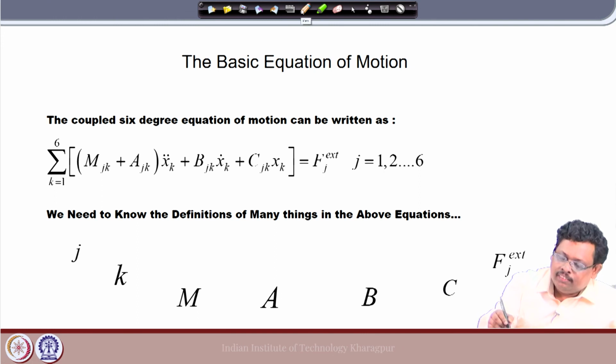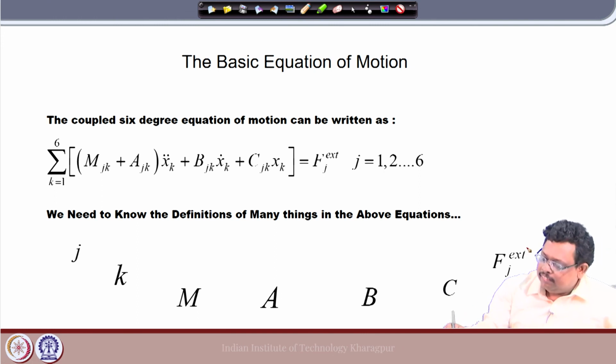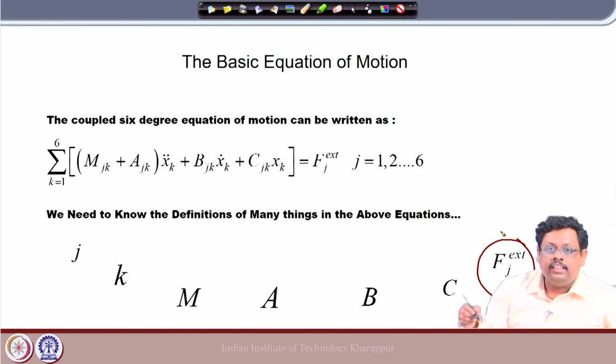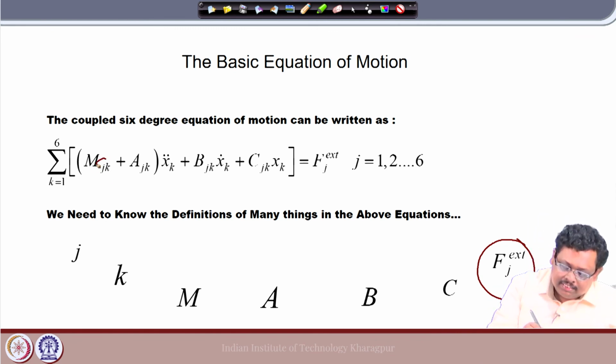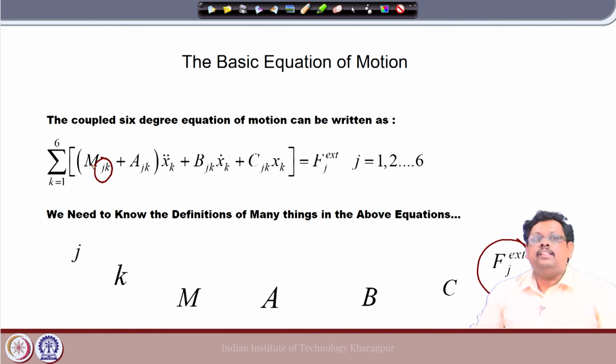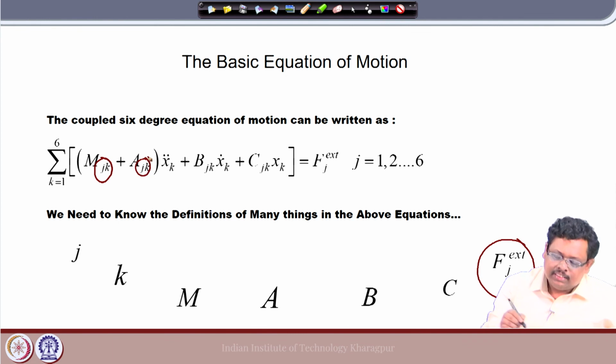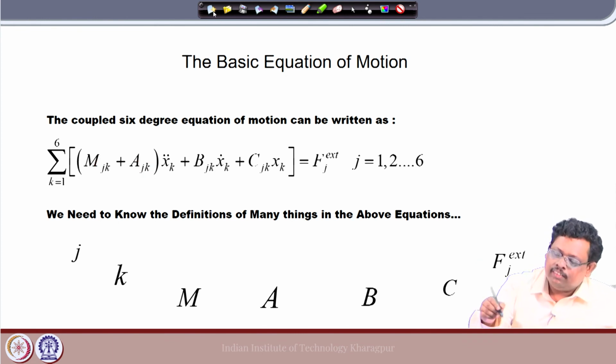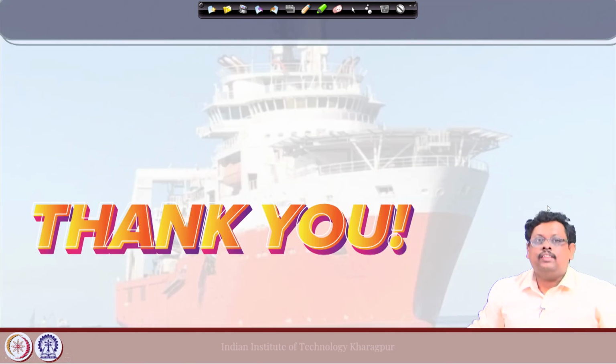One is the exciting force, and we also did not discuss what this J K term is doing here, right. So, this part also we did not discuss. In our coming lectures we are going to discuss everything, but today we are going to stop here. Thank you.